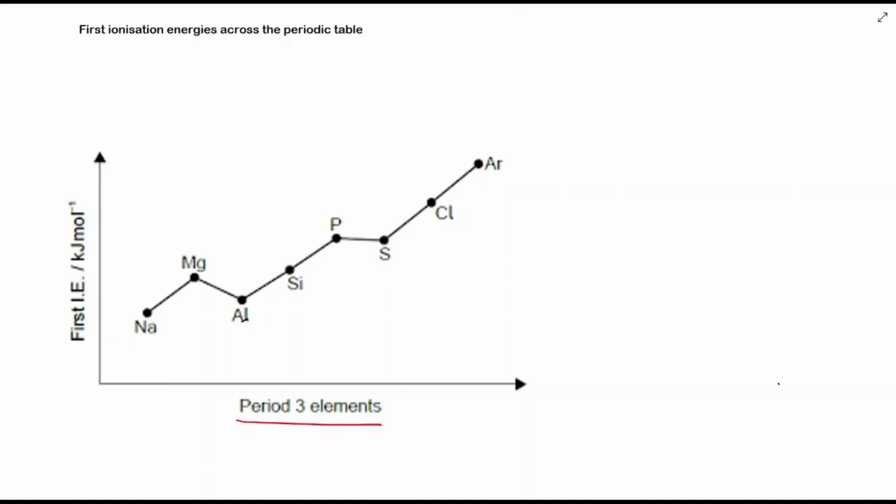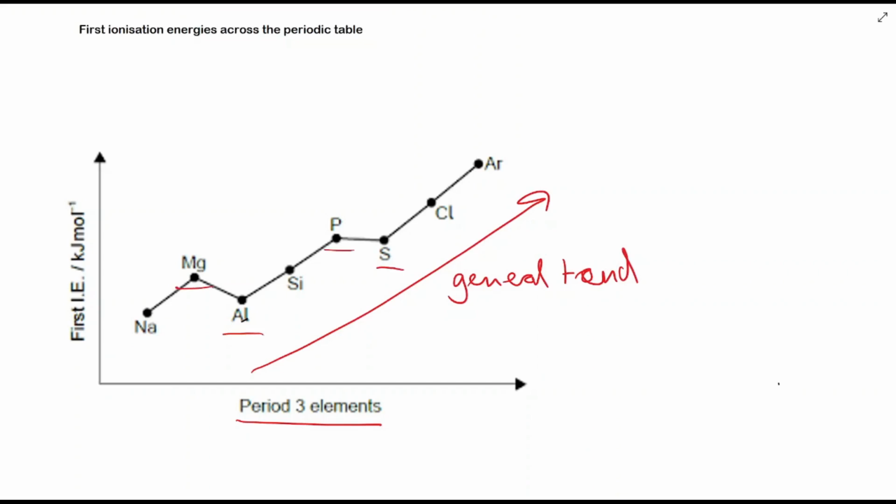And although we can see that there is a general trend, that is an increase, it's got some oddities that occur between it. We've got an increase, then it decreases, then we've got 2 increases, then it slightly decreases, and then we've got 2 more increases. And this tells us extra information.